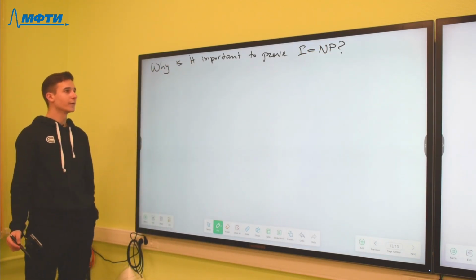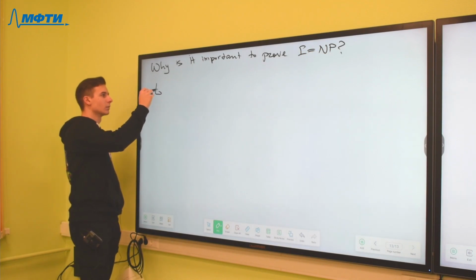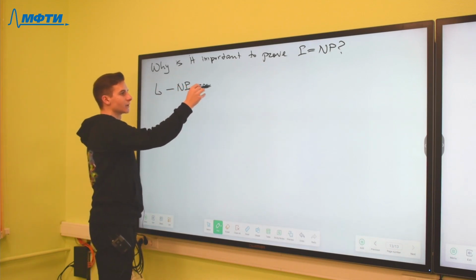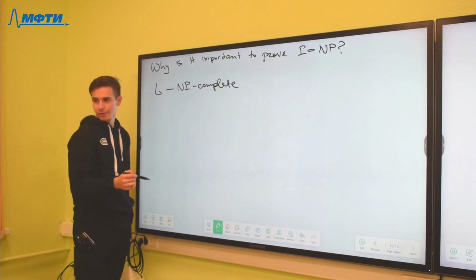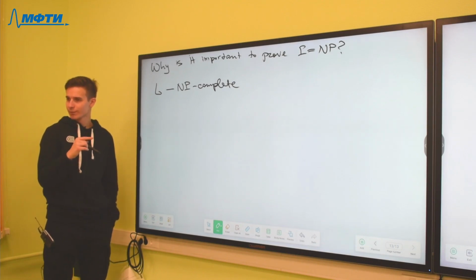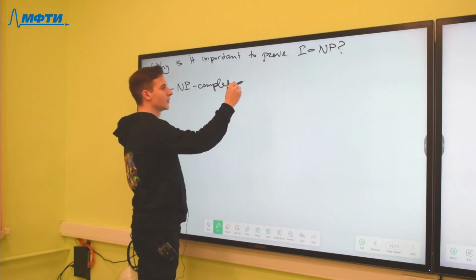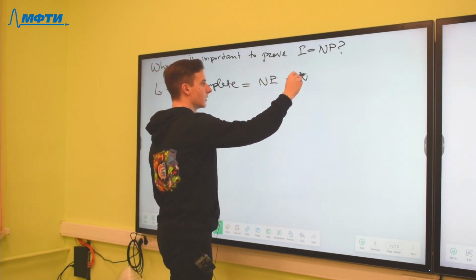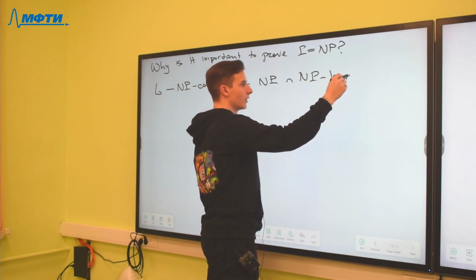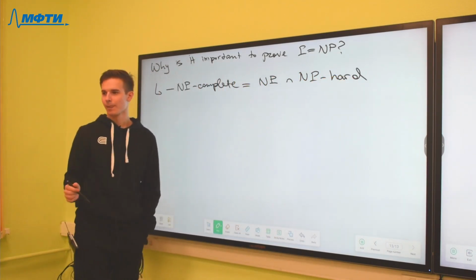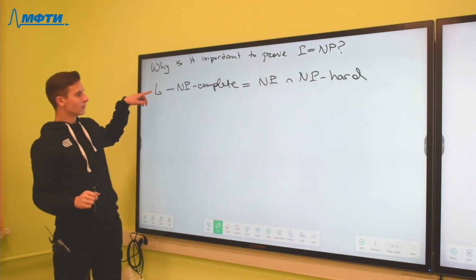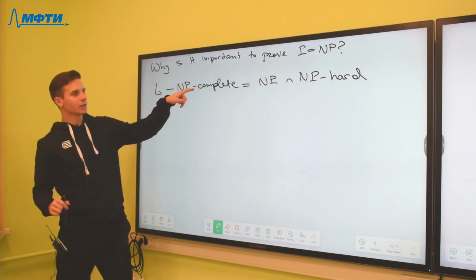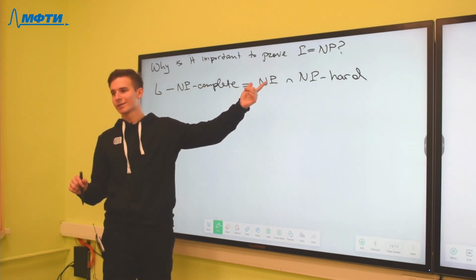Because there are some languages L that we call NP-complete languages. Do you know what NP-complete is? L is an NP-complete language if it is in the NP class and it is NP-hard.